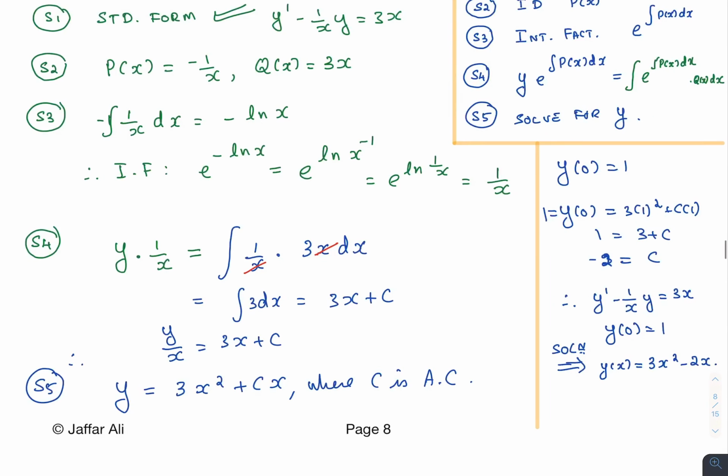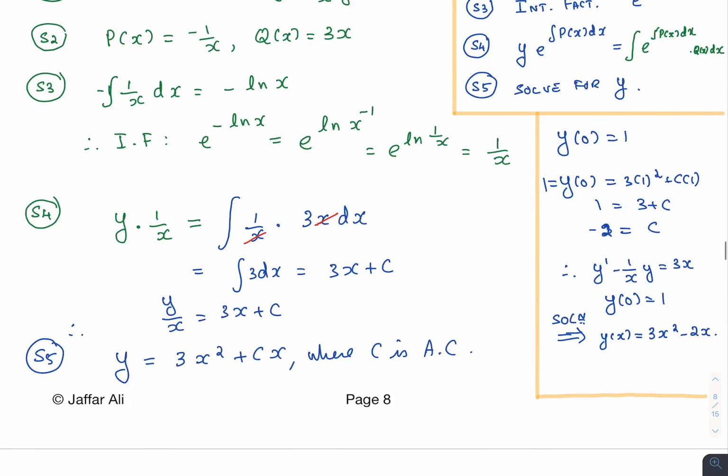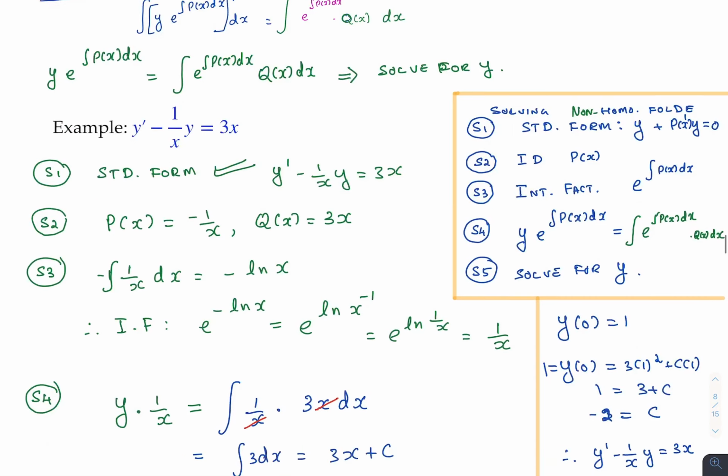Because now we have figured out the c, and that's how we find the solution to the initial value problem, and that's how we do these kinds of problems. That's pretty much how we solve first order linear differential equations, both homogeneous and non-homogeneous.